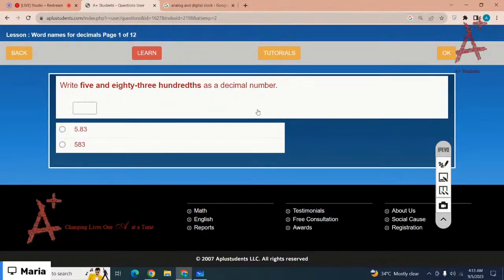Then you have 83 hundredths. That means 3 is at the hundredths position and 8 is at the tenths position. So it would be 5 point 83. Option number 1 is the correct option, right?